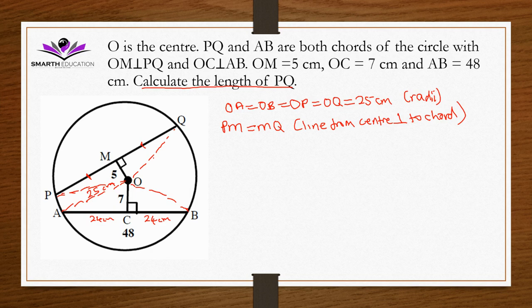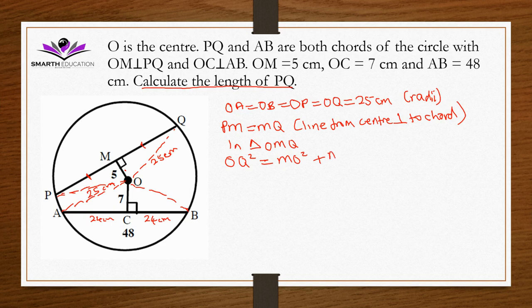Let me use this side. We say this side is also 25, and then this is 5. So we can use triangle OMQ. Using triangle OMQ, we can say that OQ squared is equal to MO squared plus what?